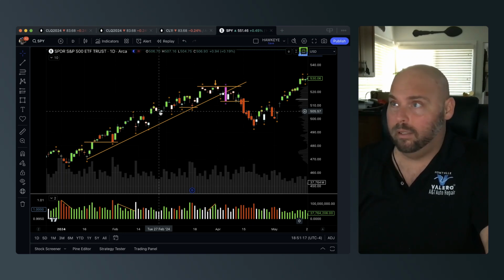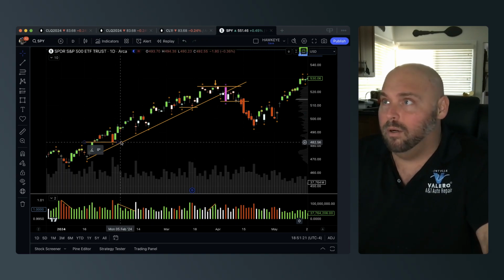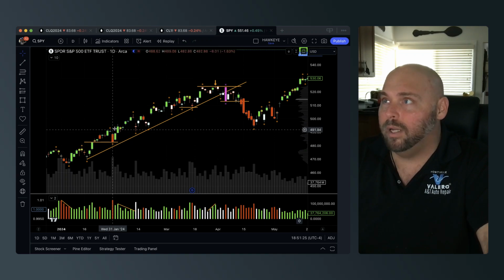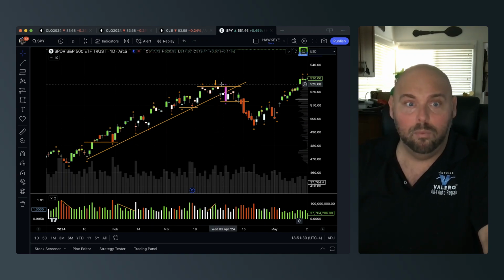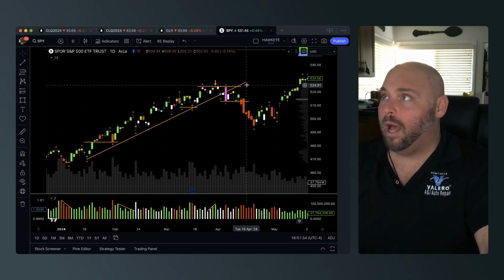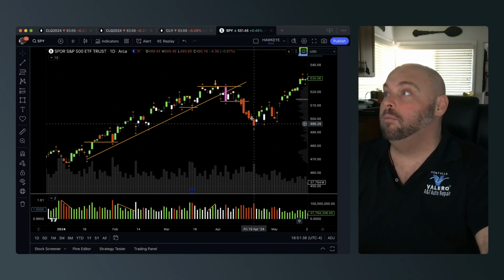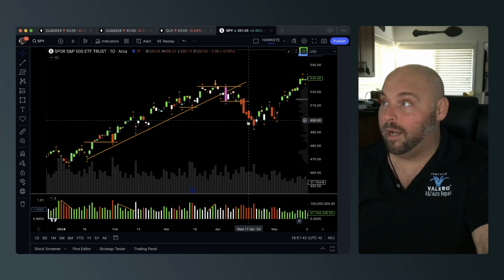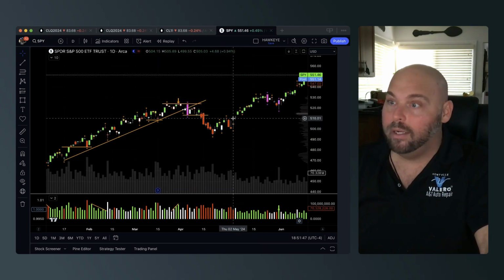We only focused on the candles that mattered. I'm looking for lows in an uptrend to potentially get long. I'm looking for failure to push higher where a correction may occur, and then I'm looking for the correction to run out of energy so that the market can continue back in its direction.